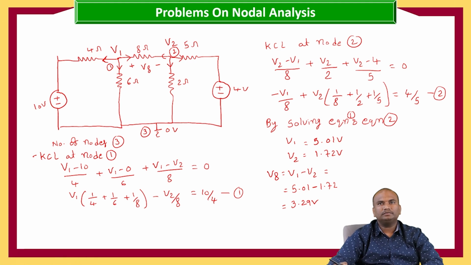So here we got the voltage across 8 ohms as 3.29 volts.